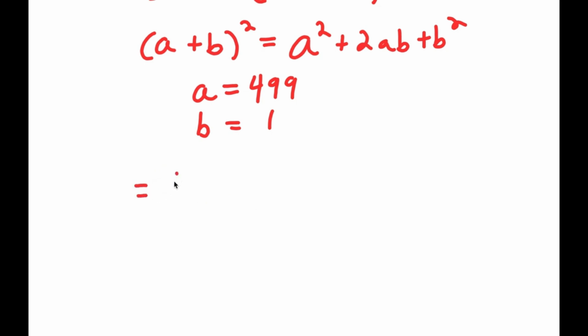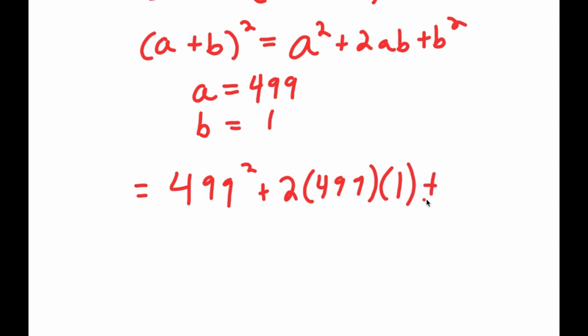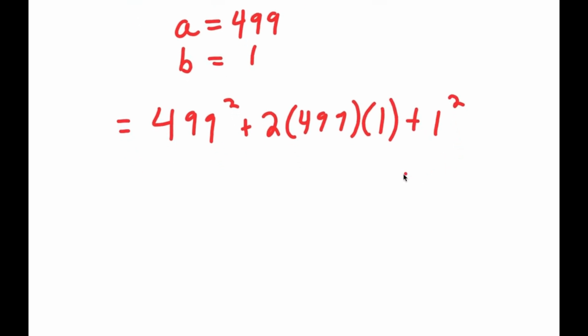So this turns into 499 squared plus 2 times 499 times 1 plus 1 squared. And now this is equal to 499 squared plus 998 plus 1.